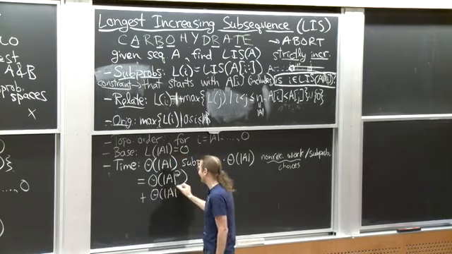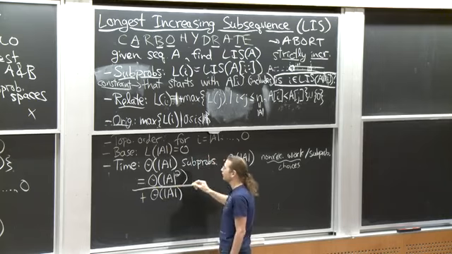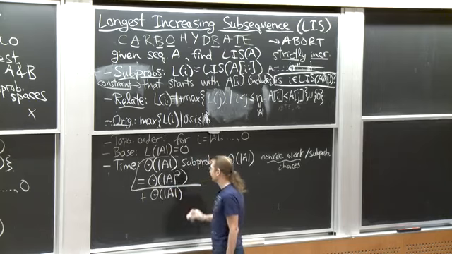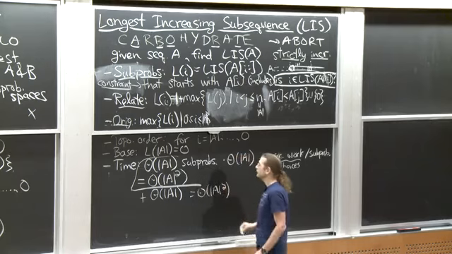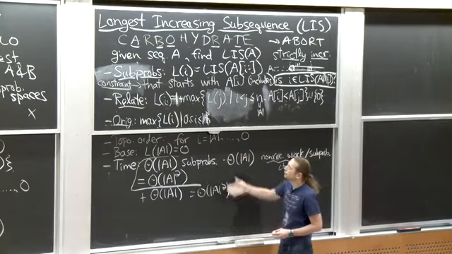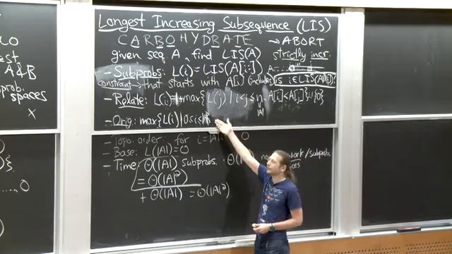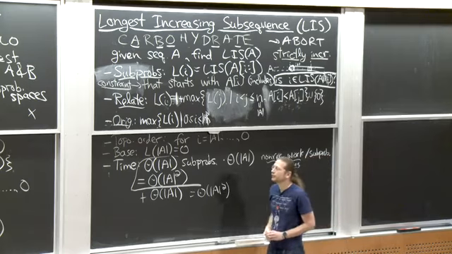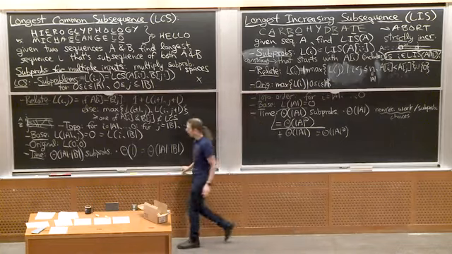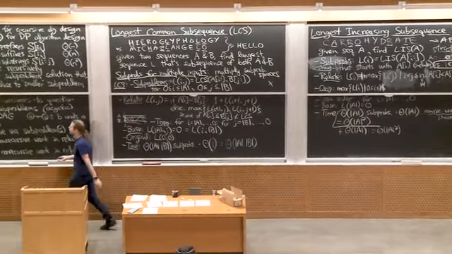That's length of A. So all of this plus length of A is still length of A squared. Okay, but if you're doing exponential work here, that would be bad. We have to do some reasonable amount of work to solve the original problem in terms of all the subproblems. I have an example hiding here.